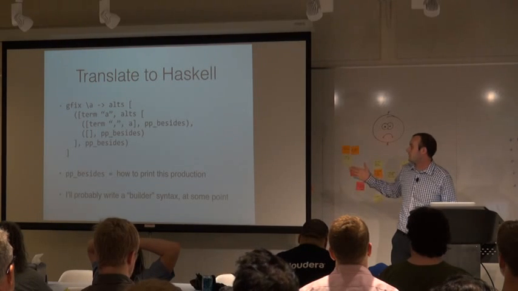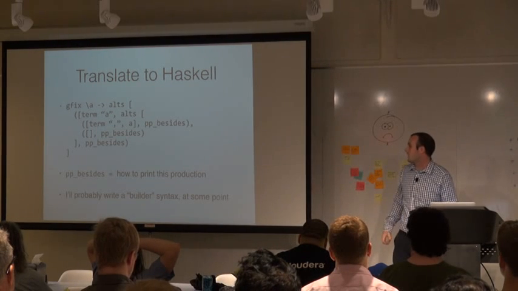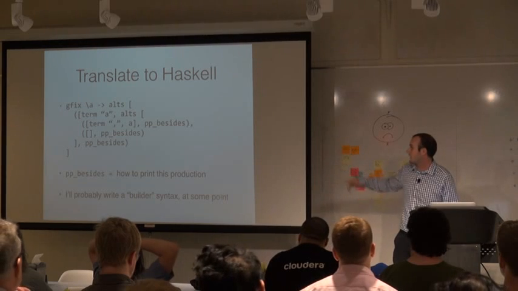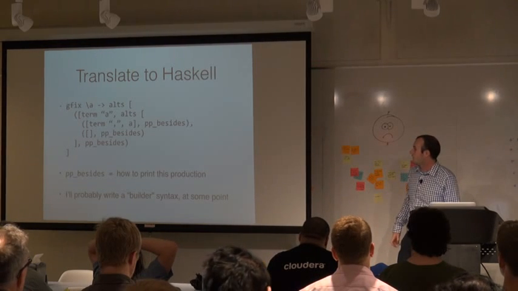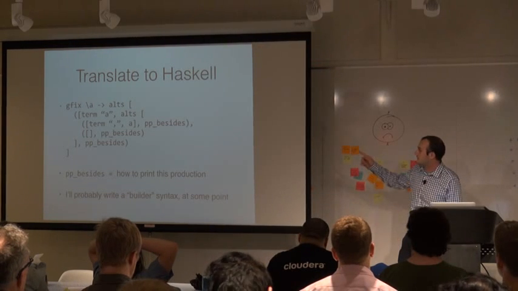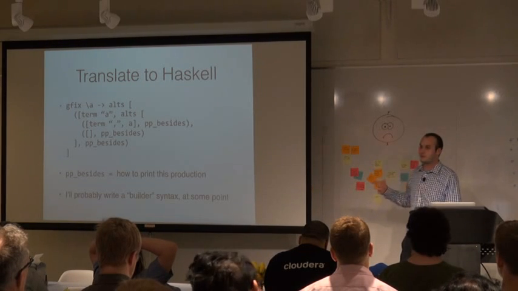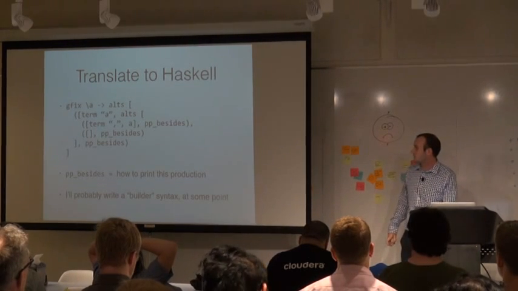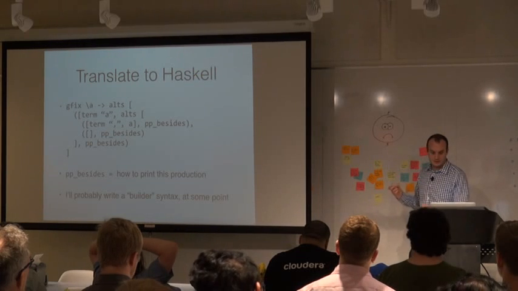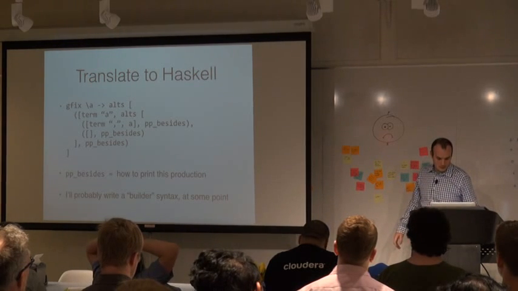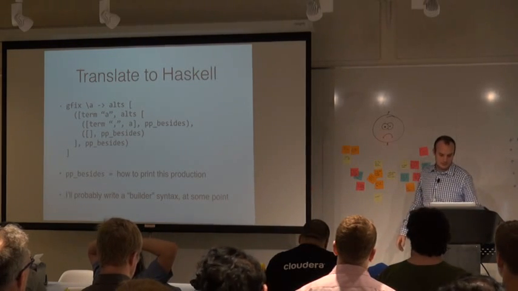And this one has two alternatives, the empty one or the comma followed by going back to that lambda. And then we have these PP besides. These are functions for the pretty printer, so you can customize how each term is laid out. In our case, we're just using the same basic combinator each time.